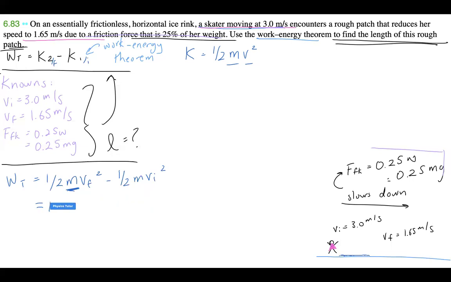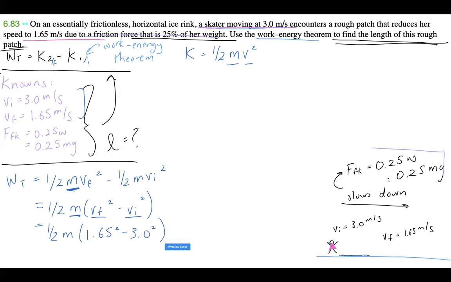So we can collect like terms: half of m times vf squared minus vi squared, right? There we go. And we don't have m like we just said, but we have vf and we have vi, which are right over here. So let's plug those in. Half of m times 1.65 squared minus 3.0 squared. And that is the change in kinetic energy, right?